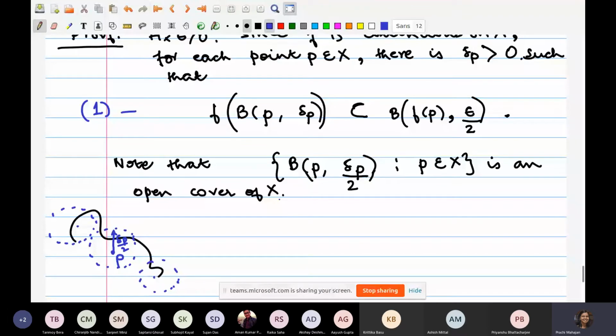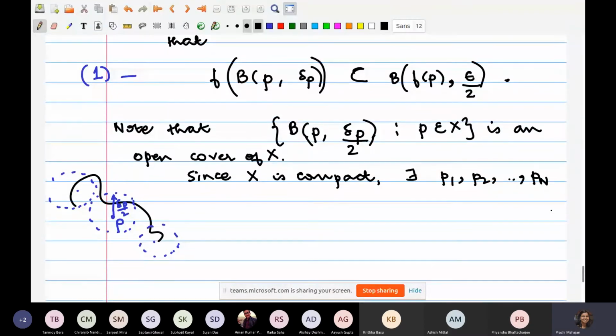Okay. So let's look at the compactness of X and say that since X is compact, there is a finite subcover corresponding to this open cover. So since X is compact, there would be a finite subcover, which means there exist points P1, P2 up to, let's say, Pn such that X is contained in the union of these finitely many balls, right?